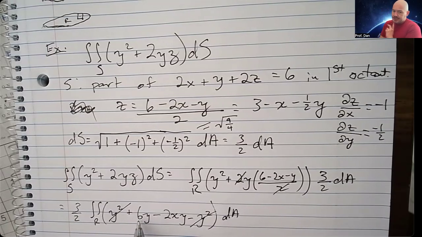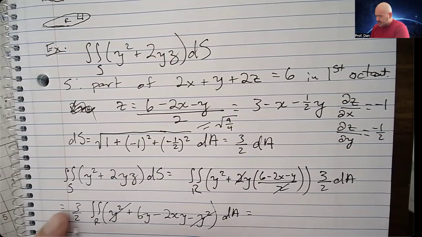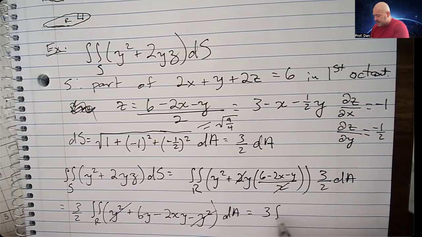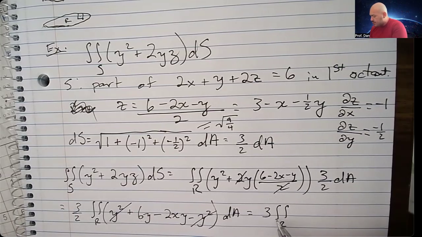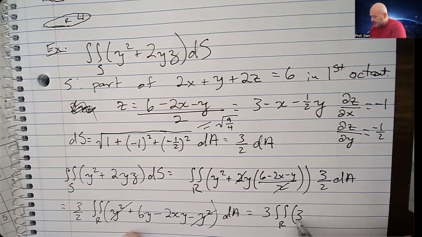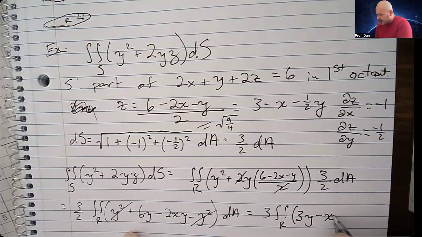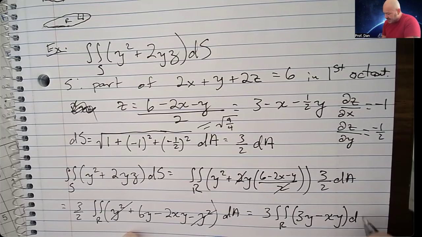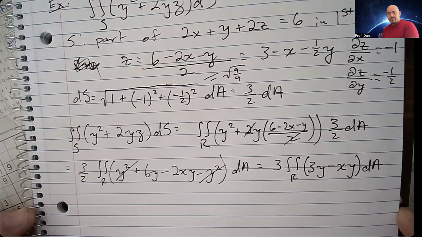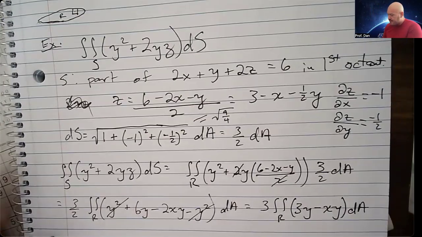And also notice that these coefficients are both even, meaning that I can factor a 2 out from my integral. So if I multiply that 2 that I'm factoring out times 3 halves, I'm left with just 3 double integral over the region R. If I factored that 2 out, I'm going to leave behind 3y minus xy dA.